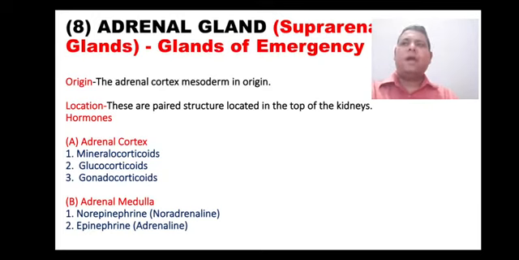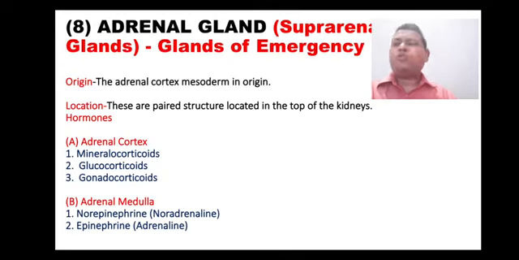Second, zona fasciculata: this is the middle zone, which is the widest of the three zones. Number three, zona reticularis: this is the inner zone that constitutes about 7% of the gland.